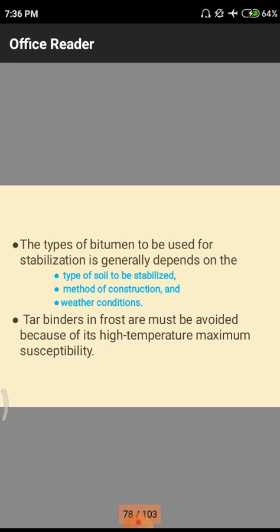So we have to observe whether the method of construction is sufficient or insufficient for that particular space. If we lay the bitumen stabilization as a top layer, is it suitable to bear the load or not? Whenever we mix bitumen into the soil, if it is a polar solvent, it will not mix.